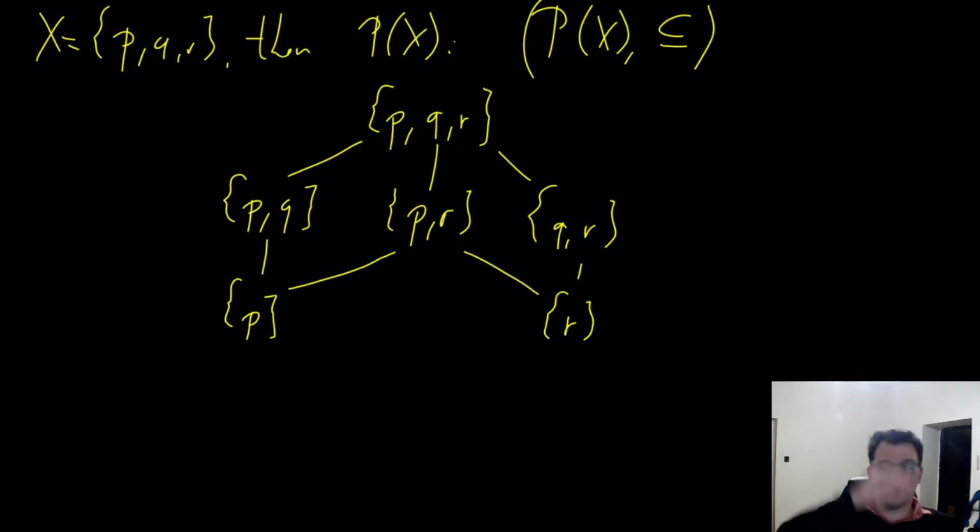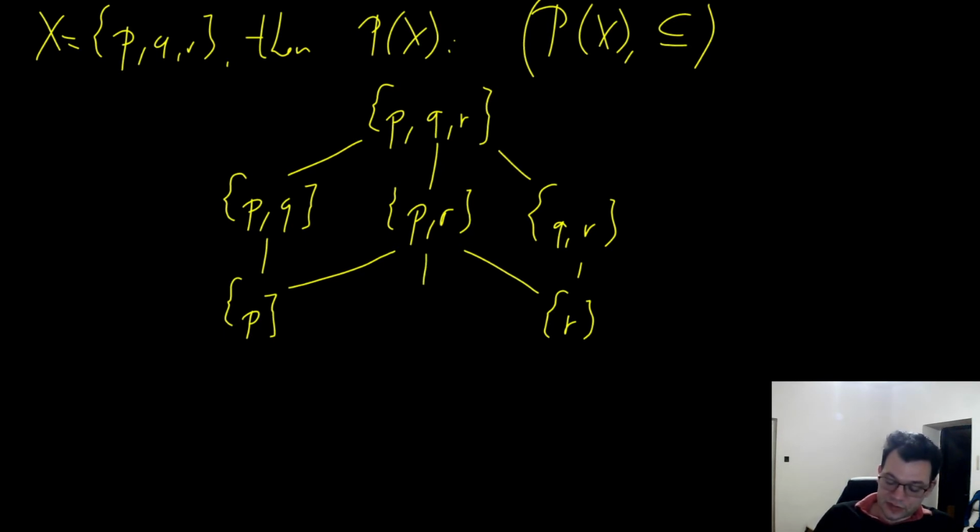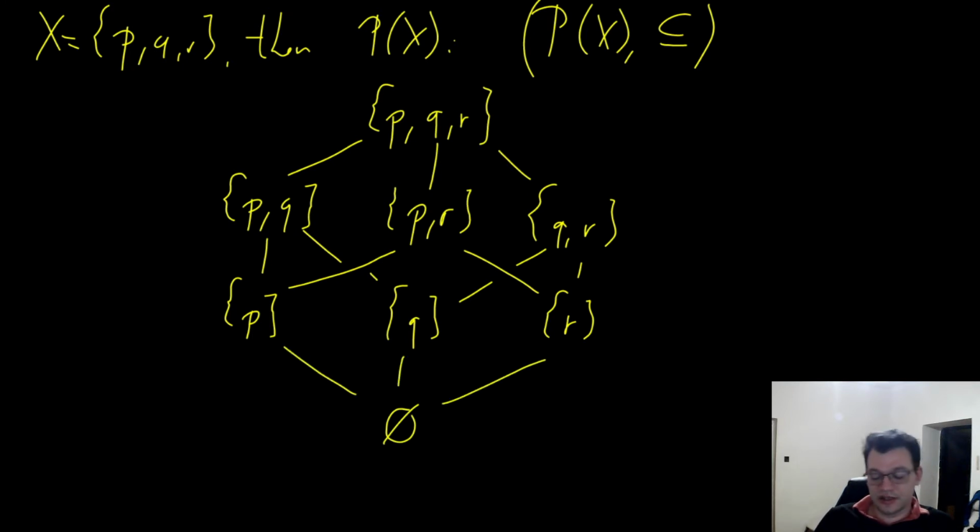It's a subset of {p,q,r} as well because there is a two-step path leading upwards. And of course, there is a third guy here, the {q}. And also the empty set is always a subset of any set. So that's the final element of this 8-element poset. So this is just another partially ordered set, but it's not totally ordered.